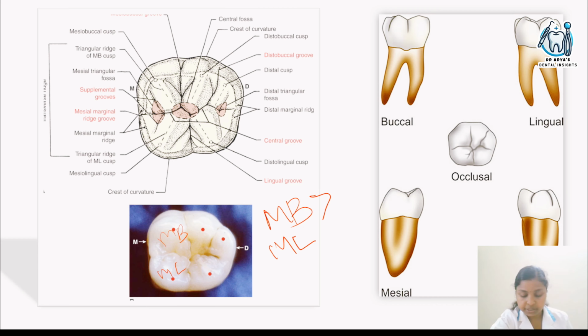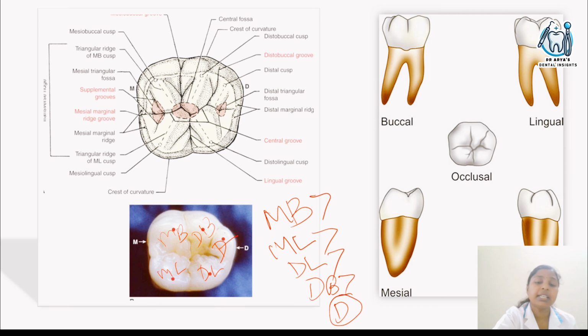Then distolingual is the next one. Then distobuccal, and this is the distal. So distobuccal, then distal. So distal is the smallest cusp, and mesiobuccal is the largest cusp. This is the smallest cusp.